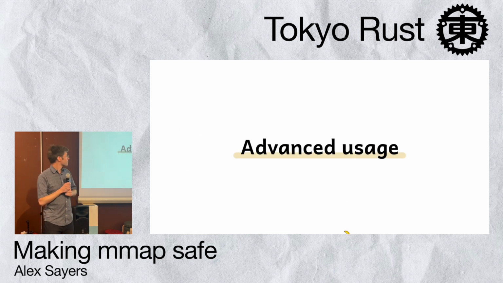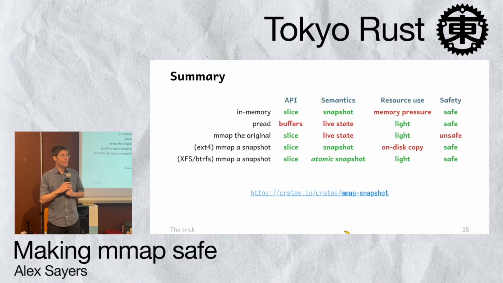Do you have to mess with any of the unmap semantics at all? Any of the unmap? On map? My memory's kind of hazy here, but I believe mmap is somewhat paired with munmap, or am I just hallucinating here? Munmap. Yeah.